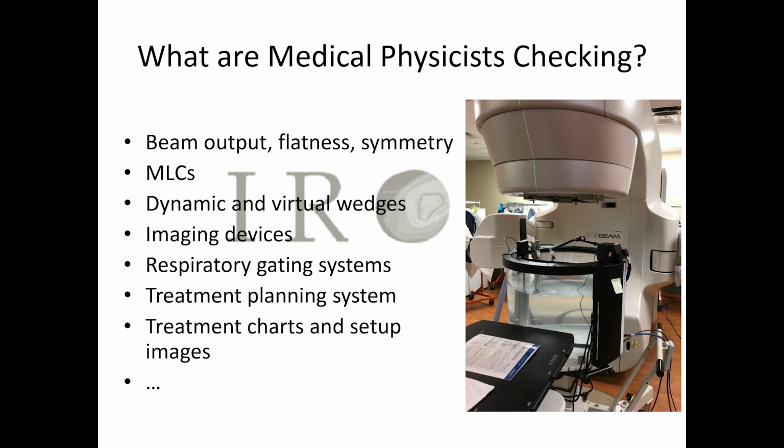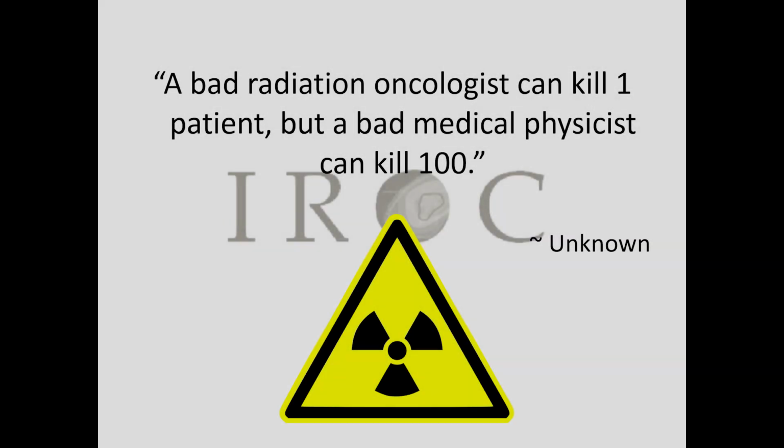They also check everything that has to do with the imaging equipment, with immobilization devices that you may be using for treatment, everything that relates to the quality of the treatment delivery at the end of the day is what the medical physicist is checking.